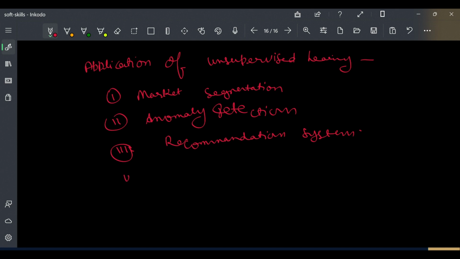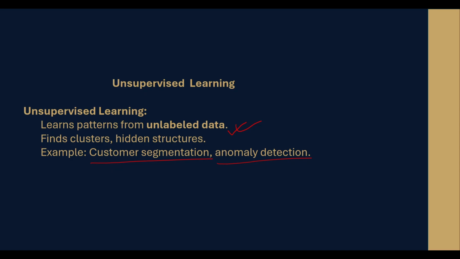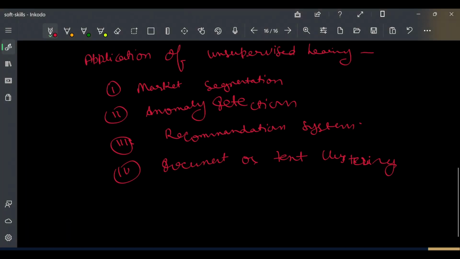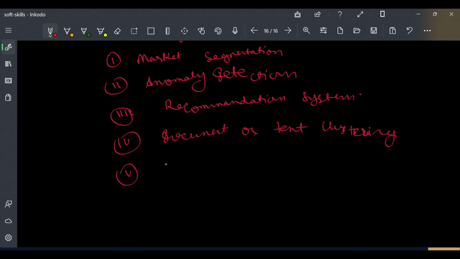And the fourth one is document or text clustering. And the fifth one is image compression. So in image compression, we are reducing the image data without losing quality.